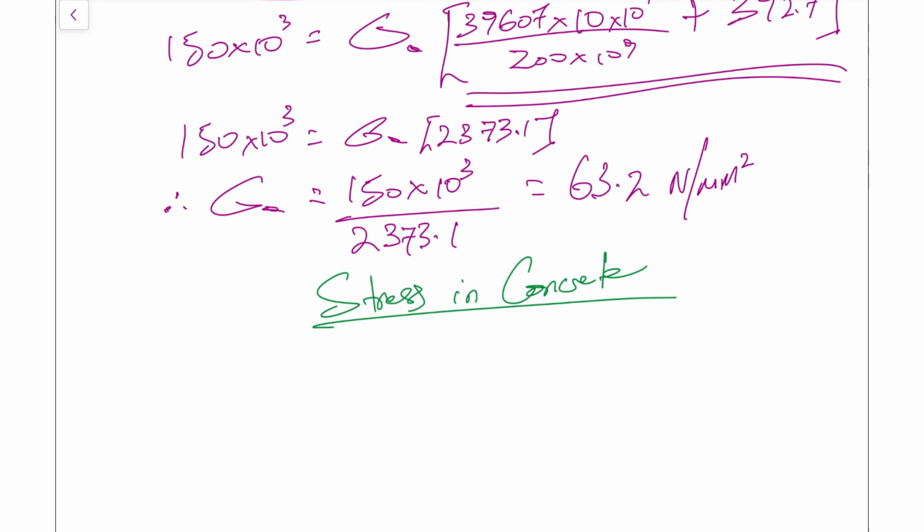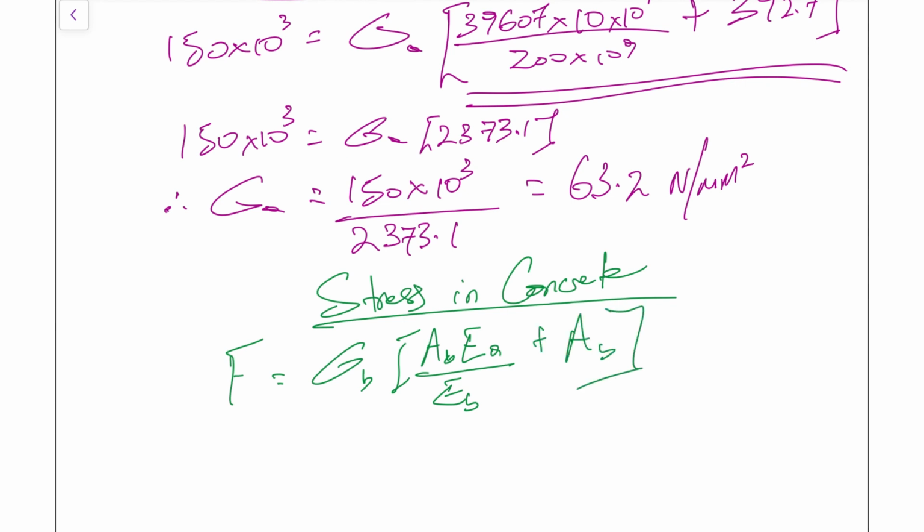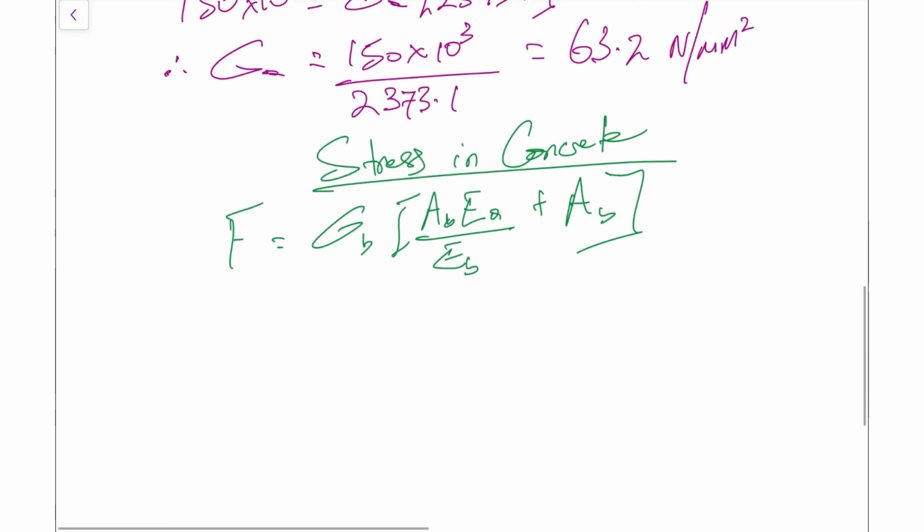We use the same formula, but we'll just swap out the A's for B. So this time we'll have stress B there, and instead of area A, we have area B. Instead of mod B, we have mod A over B, and that's plus area B. So that's it. It's quite a flexible formula. So let's do our substitution.